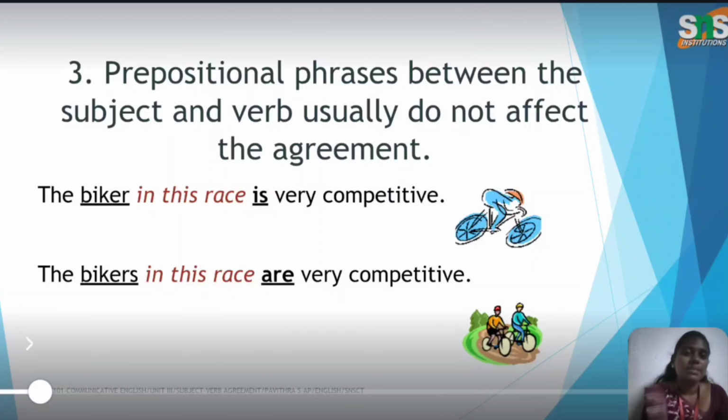In between, in this race is placed, so it doesn't affect the subject and verb. In the second sentence, the bikers, which is plural, in this race, we are using are there. Why? Because the subject is plural. So clearly we can come to know that there is an agreement between subject and verb.